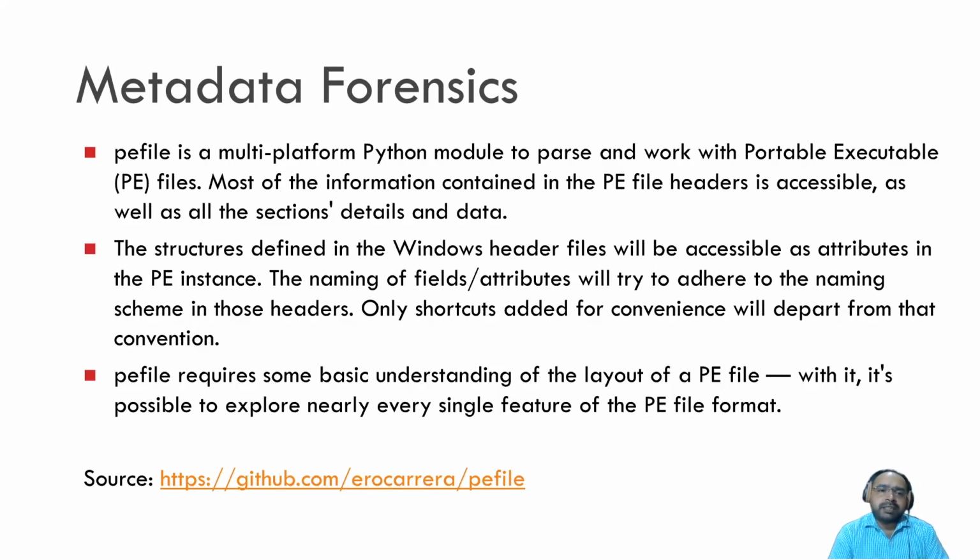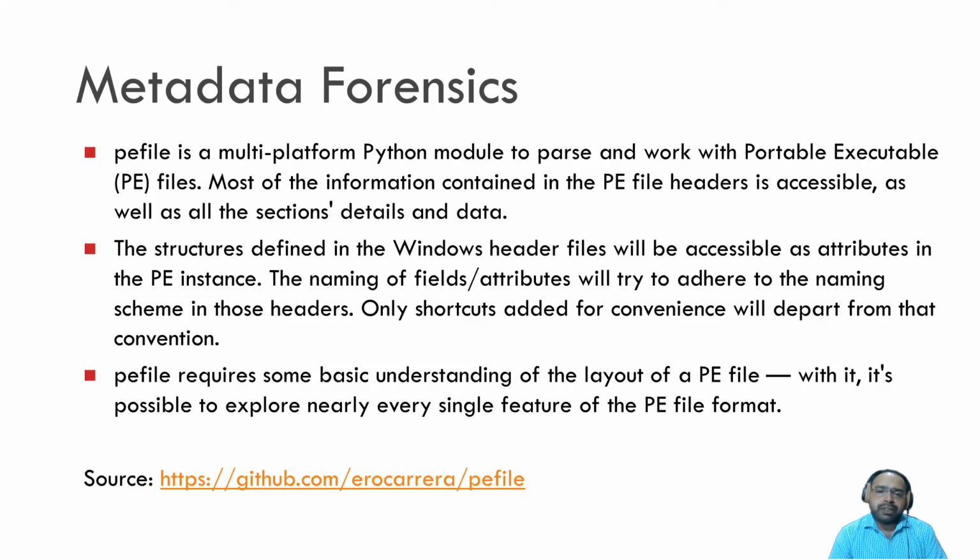The next is the PE file. PE stands for Portable Executable. It's a multi-platform Python module to parse and work with portable executable files. Most of the information contained in the PE file headers is accessible, as well as all sections, details, and data. The structures defined in the Windows header files will be accessible as attributes in the PE instance.